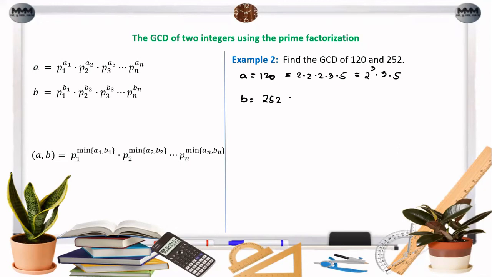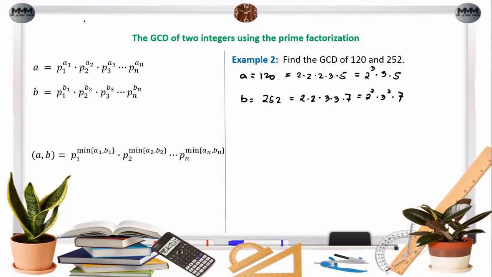Now for 252, we have 2 times 2 times 3 times 3 times 7. Or we can write it as 2 squared times 3 squared times 7. Okay?